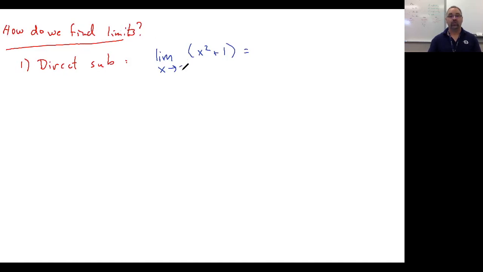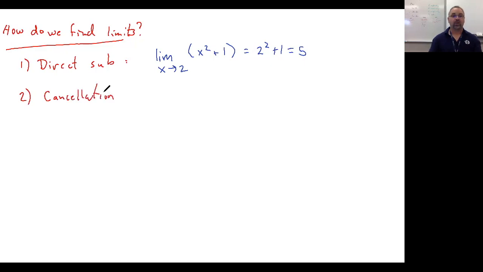So you would get 2 squared plus 1, which is 5. That's direct substitution. It's probably my favorite method for finding a limit because it is the simplest, and I'm all about things being simple. However, sometimes we can't just direct substitute.